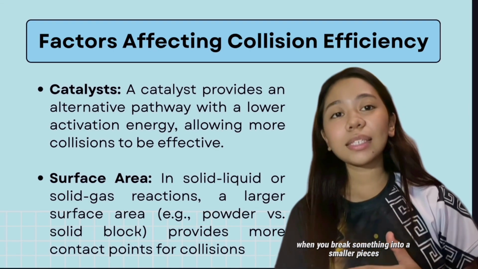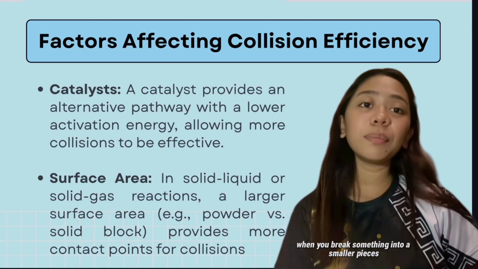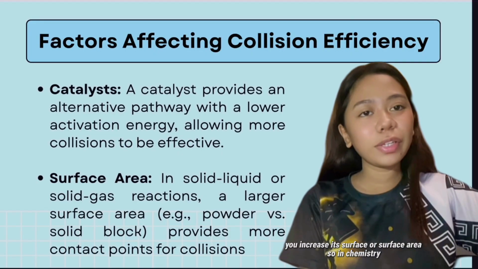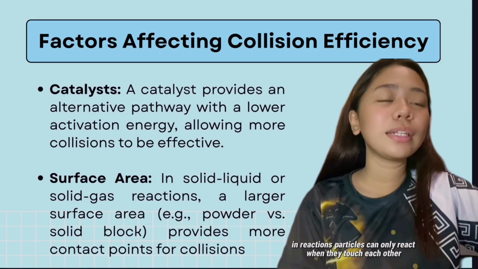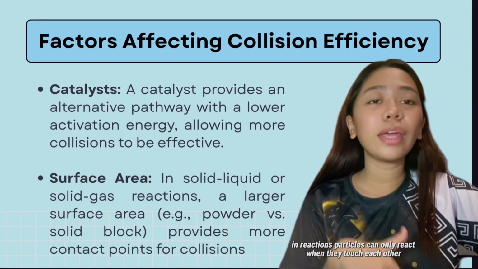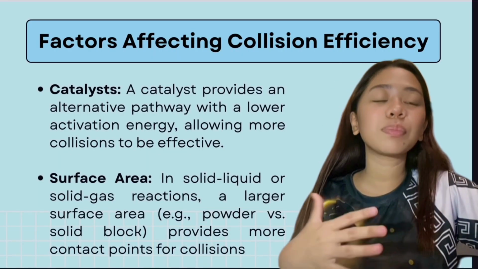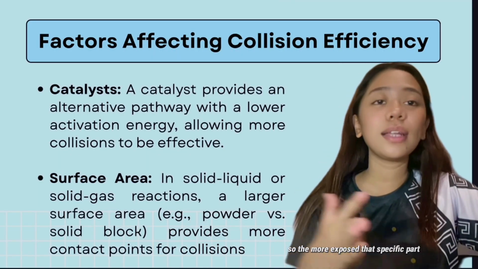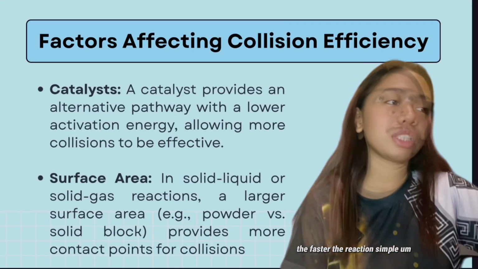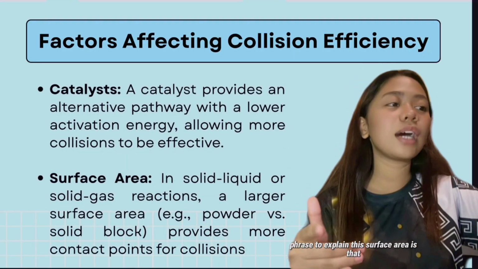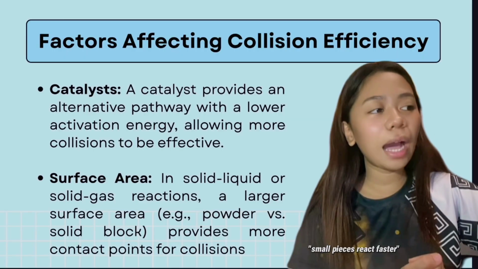When you break something into smaller pieces, you increase its surface area. In reactions, particles can only react when they touch each other. So the more exposed the part, the faster the reaction. A simple phrase to explain surface area is: small pieces react faster.